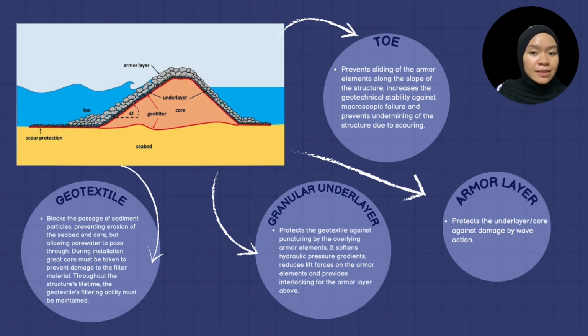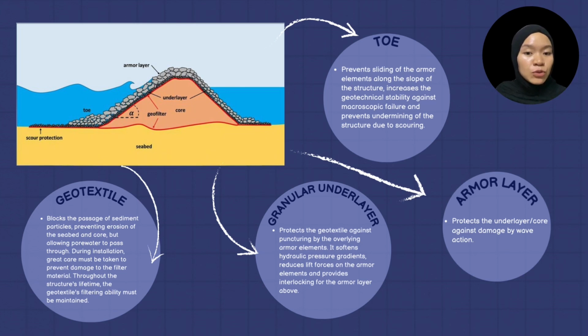Next, armor layer. Armor layer protects the underlayer or core against damage by wave action. The last one is toe. Toe prevents sliding of the armor elements along the slope of the structure, increases the geotechnical stability against microscopic failure, and prevents undermining of the structure due to scouring.